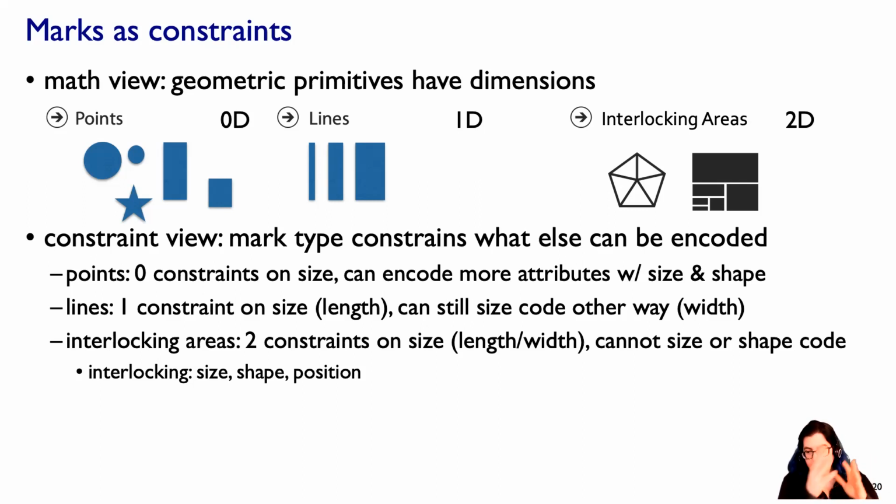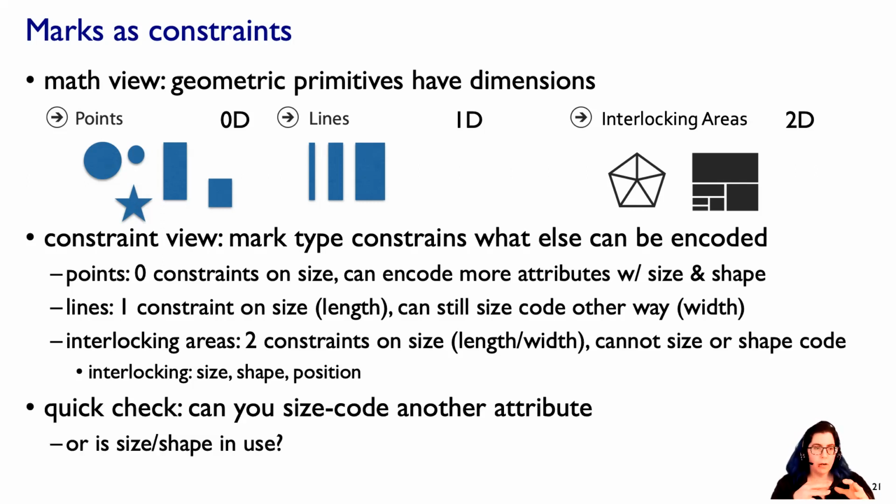Its area, its exact boundary is already specified. So you can't size or shape code area marks. In fact, it's useful to think about these as interlocking, that the size and the shape and the position are all specified. And we'll be talking much more about then how to visually encode with these marks. They're often algorithmically generated, or they come from something like a geographic shape where it's given as part of the spatial data.